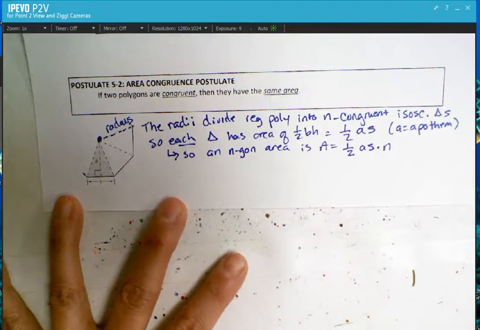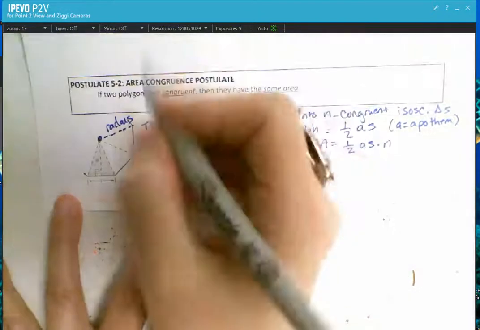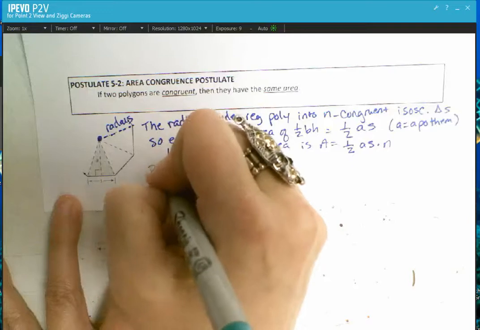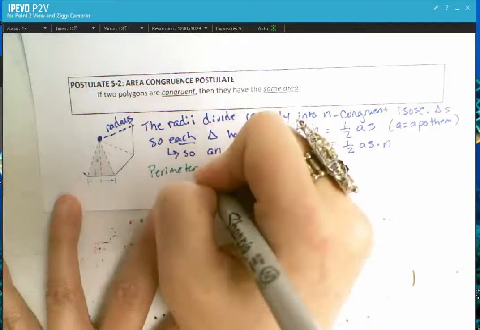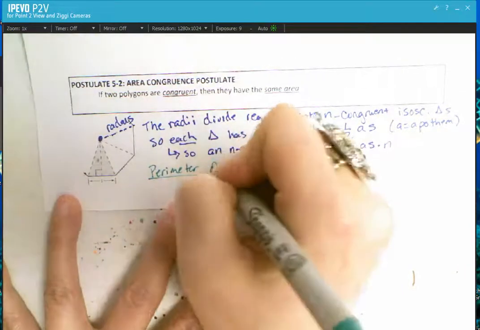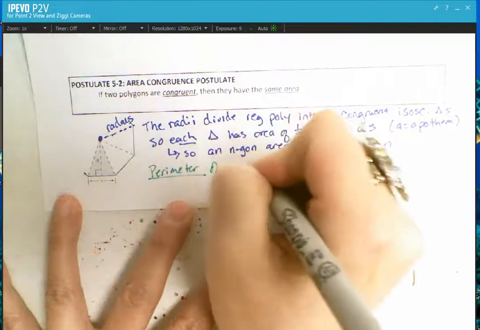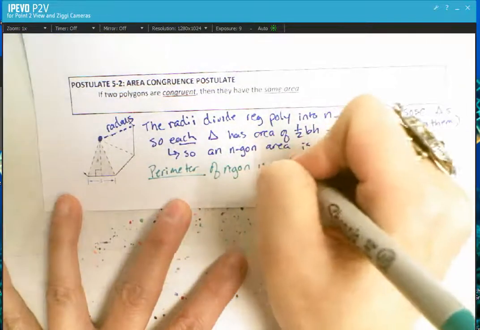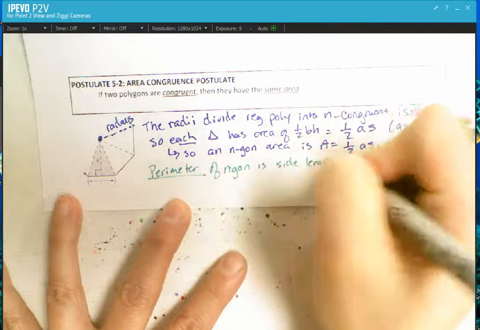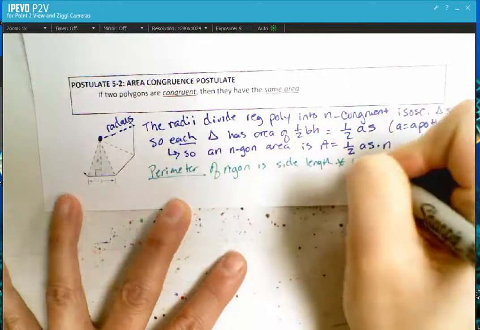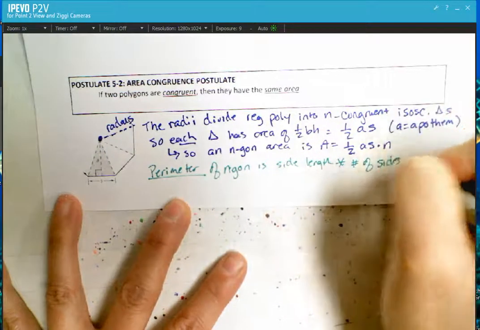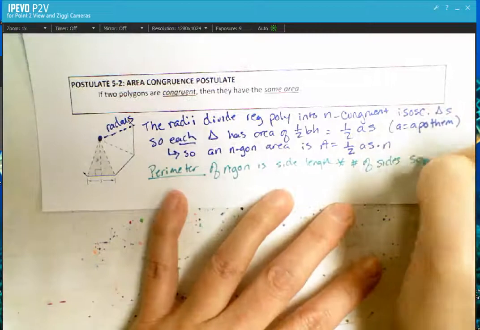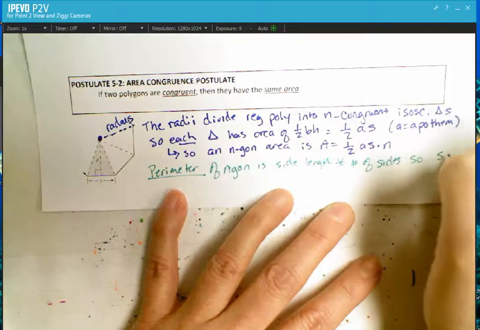But we also need to take a look at perimeter. If we're looking at the perimeter of an n-gon, it is the side length times the number of sides. So side times n.